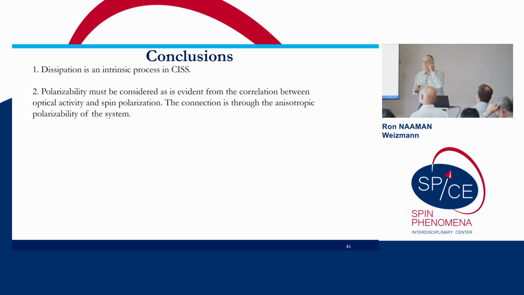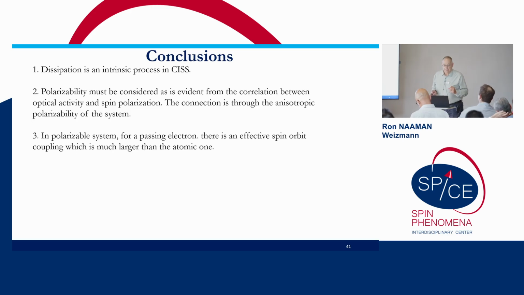So polarizability in protein means that if the protein feels an electric field or electric potential, it will be polarized all through the protein. And that's a really important finding.